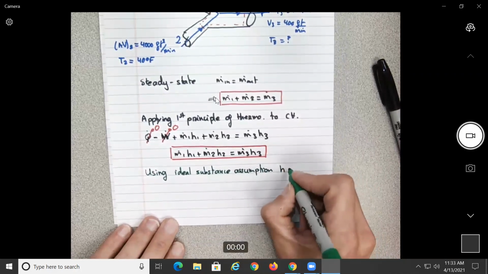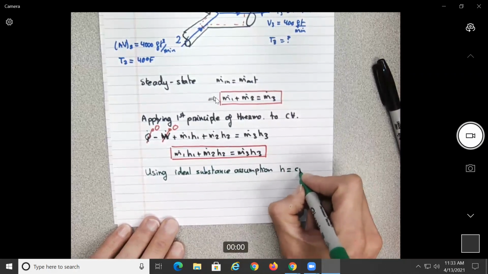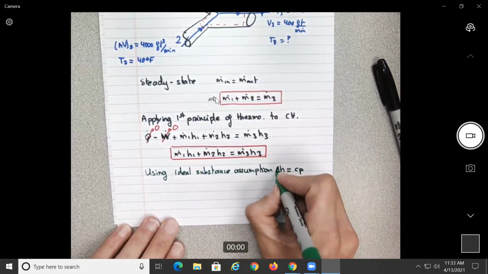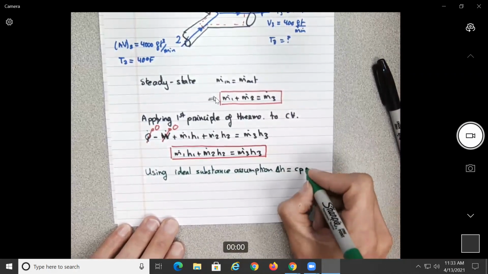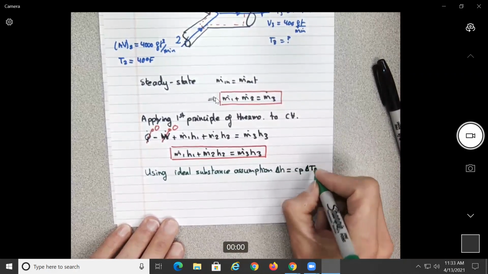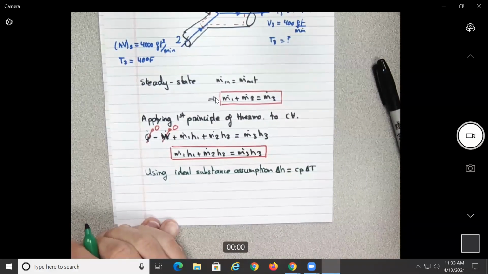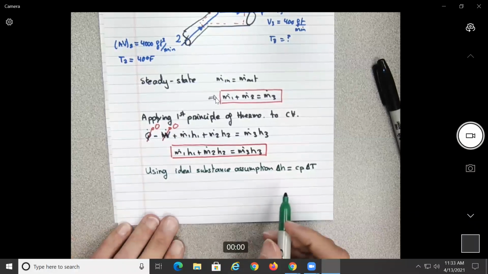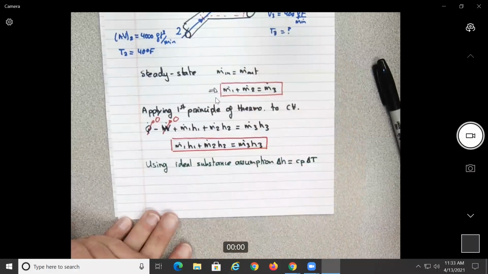That the change in enthalpy will be equal to Cp delta T, no? So why can we do that? It's because we are using air and the air always remains in the same state, correct? So if it remains in the same state, you can replace the enthalpy by basically temperatures.